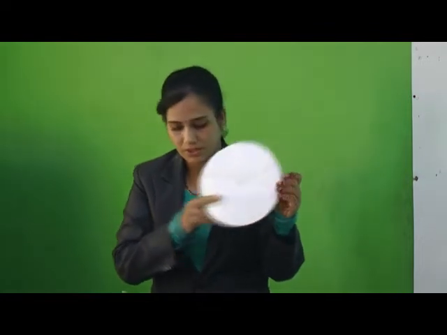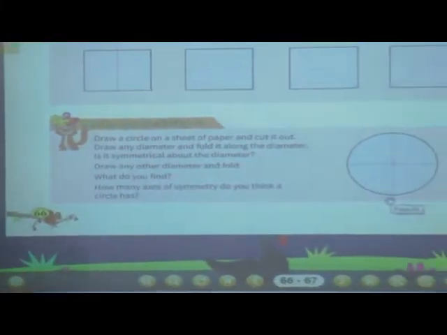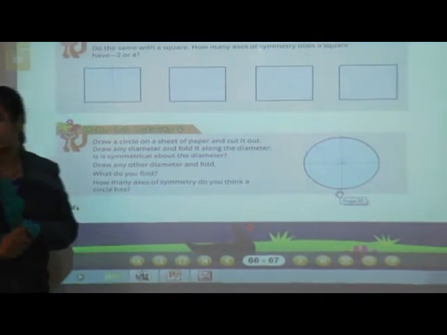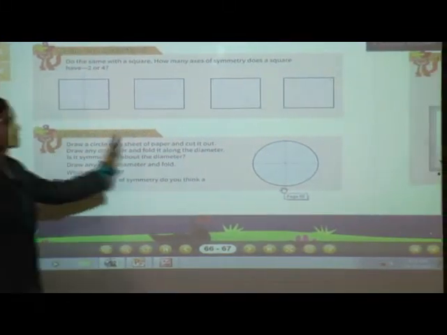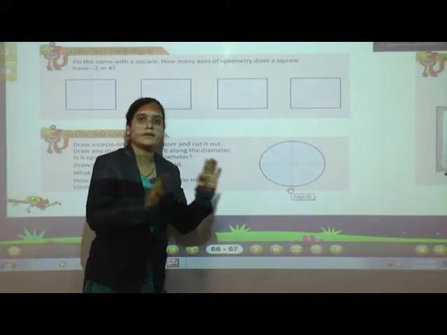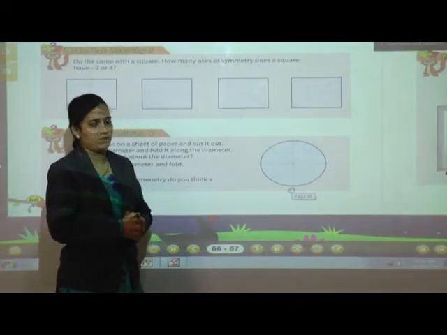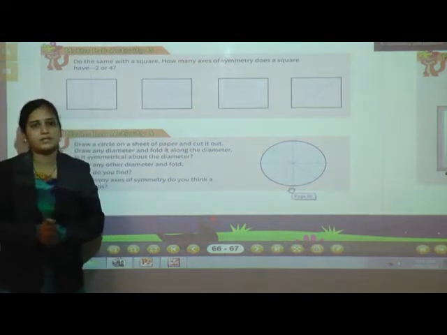So what will be our answer, students? Students, the answer is a circle has infinite axes of symmetry, isn't it? Just now I showed you about the axis of symmetry. That means a circle has so many, that means infinite axes of symmetry. All of you understood this?